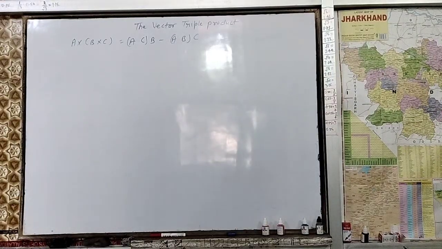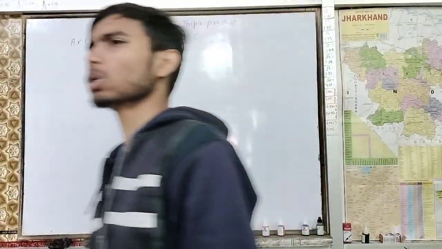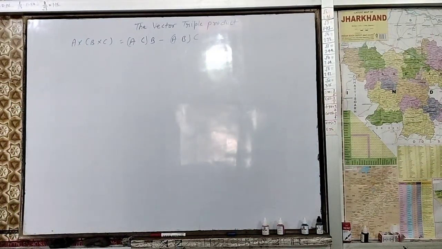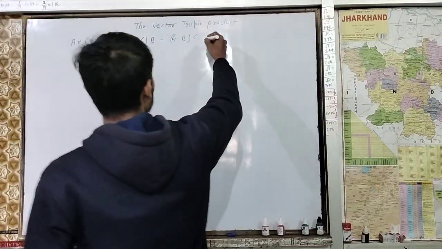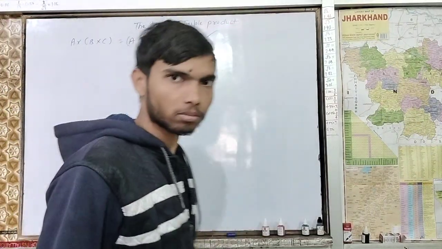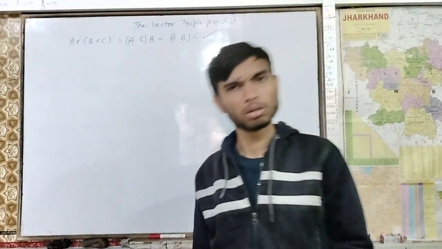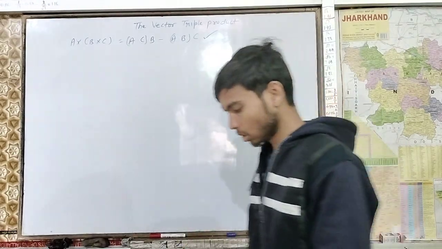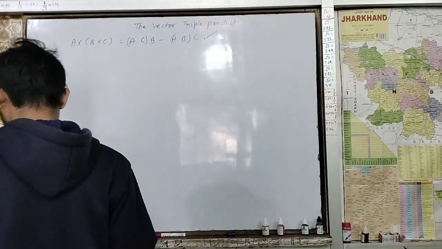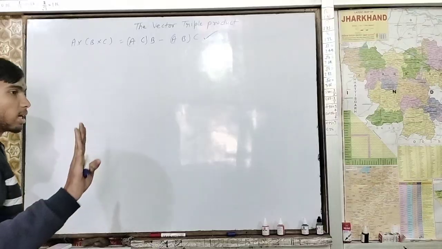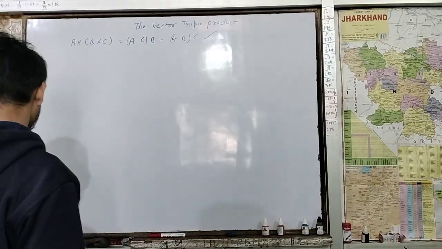That's it. We will see the proof behind it, or you can say the logic behind it. Let's prove how it came. Let's see the derivation. The question will provide the values of three vectors.